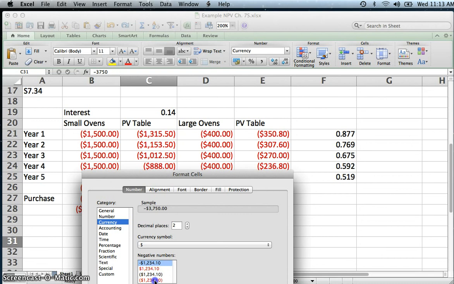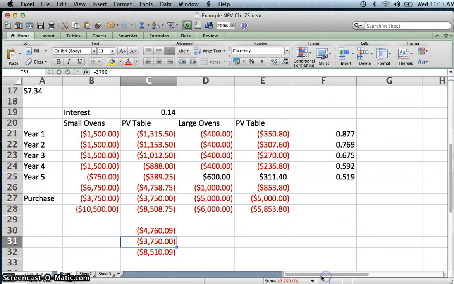I have it formatted this way. There you go, so it matches. So you'll see that it's slightly different. The difference has to do with the fact that in the table we're only carrying 3 decimal points. Excel will carry a lot more of that. So by using this, they'll be slightly different, but they should be in the ballpark.